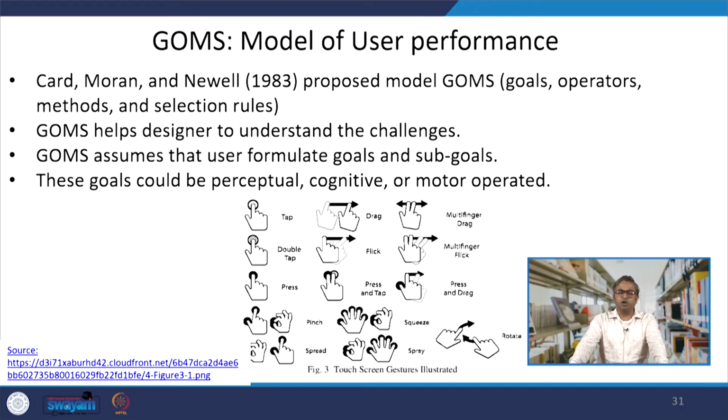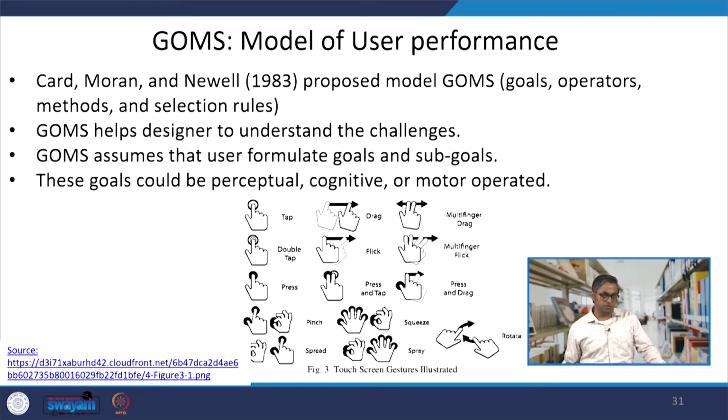Unlike the model of 7 stages of action, the GOMS model, goal, operator, method and selection rule, was proposed by Card, Moran and Newell in 1983. They proposed this GOMS model to understand the user performance, how the user is performing.